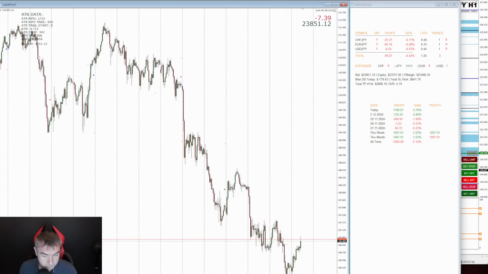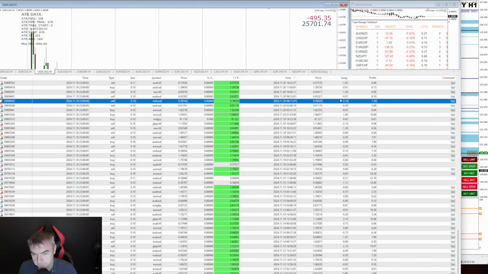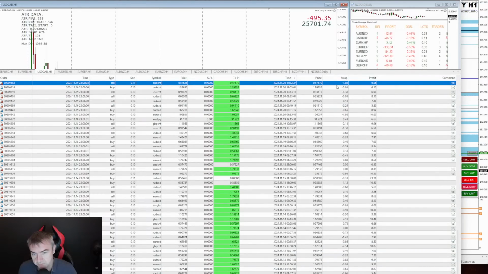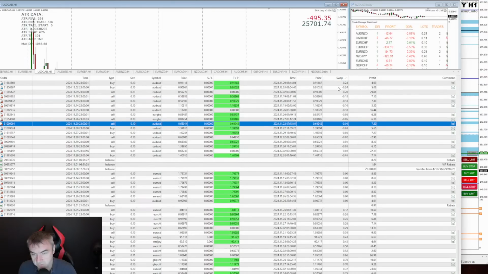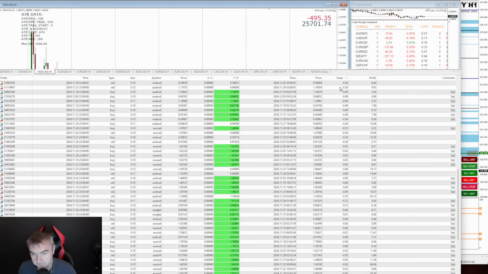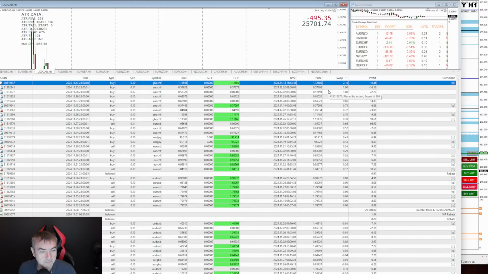How much did it pay in swaps? Good point. So swaps, you got $1.38 of swaps. The highest swap fee paid so far, positive 2.10 swap there on the pound Swiss.